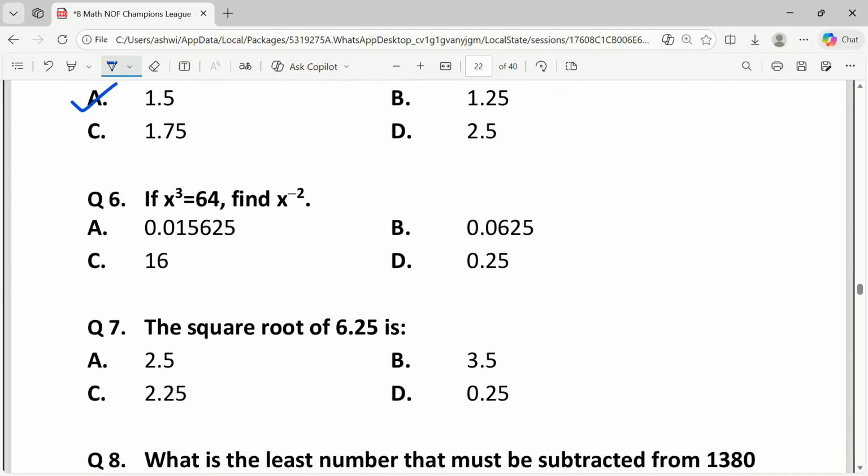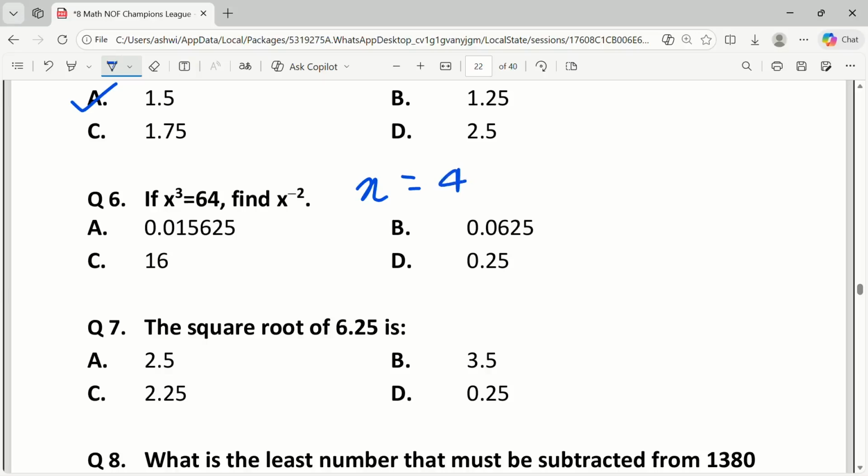Question 6. If x cubed is 64, find x to the power minus 2. We have to find the cube root of 64 to find the value of x. Hence x is equal to 4, as 4 cubed is 64.